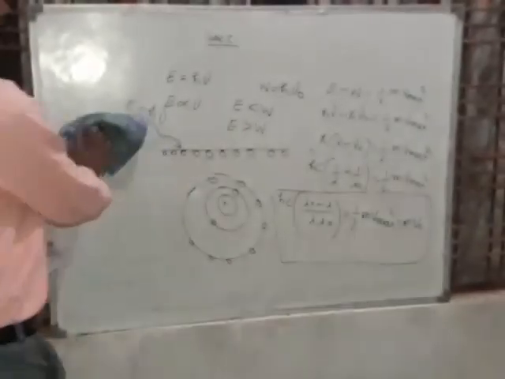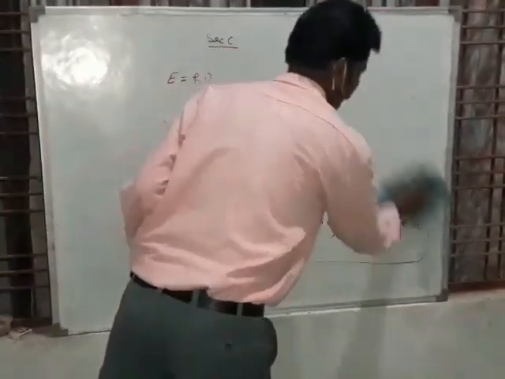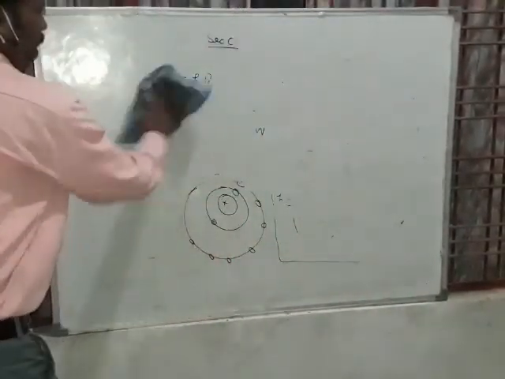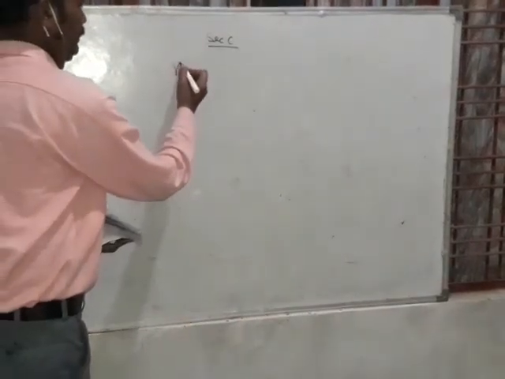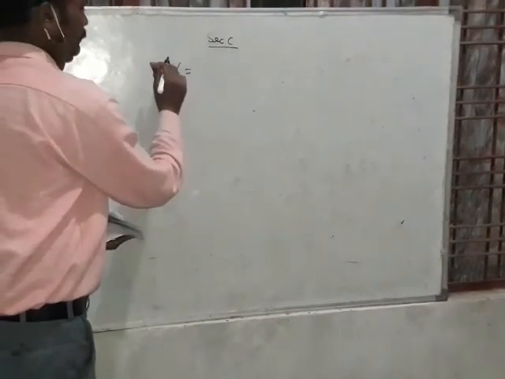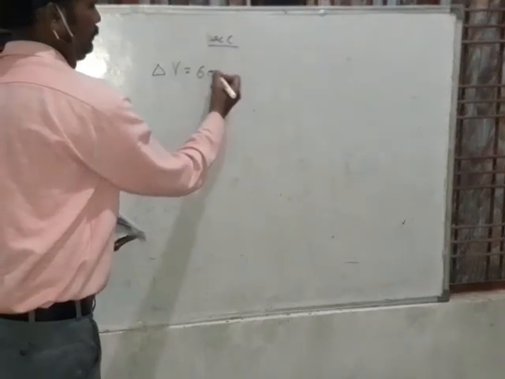and in the choice there is another question: potential difference between two points is 60 volt. In this question, potential difference is given, delta V equal to 60 volt.